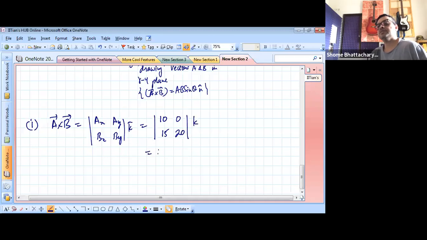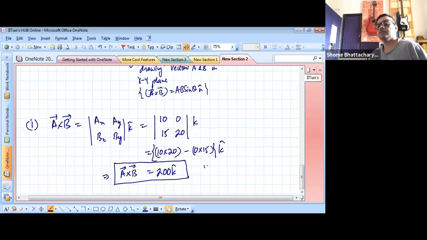So as you can see, it becomes 10 into 20 minus 0 into 15 in this determinant times k cap. So it just becomes 200 k cap. Okay. So this is like the most formula based method. Blindly, if I want to just substitute in the formula without using any property and all that, do this.